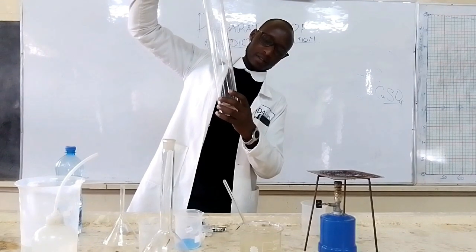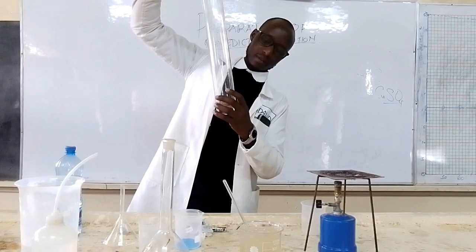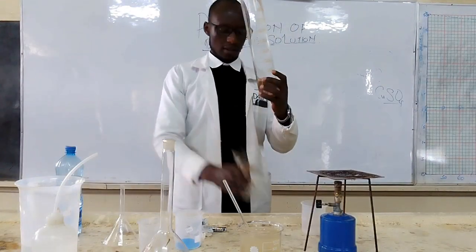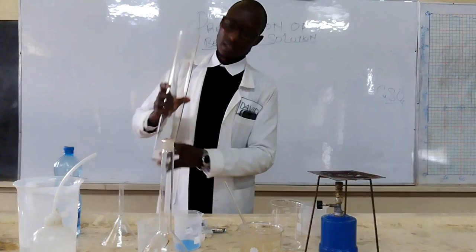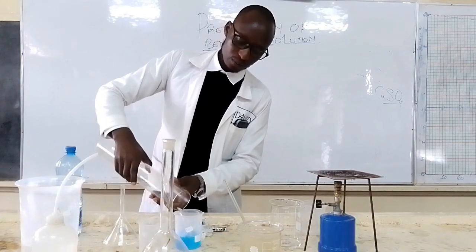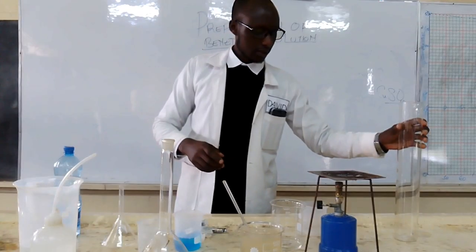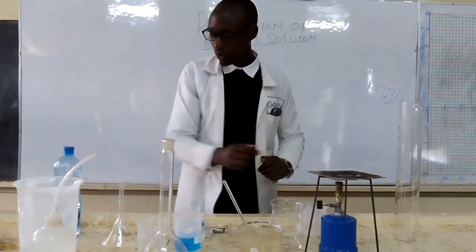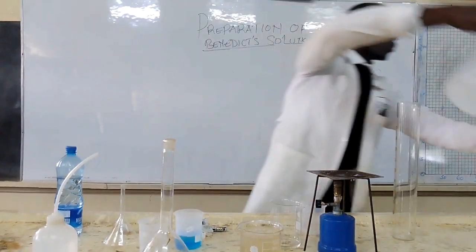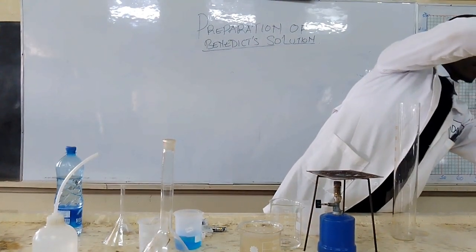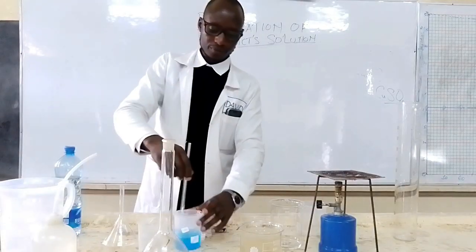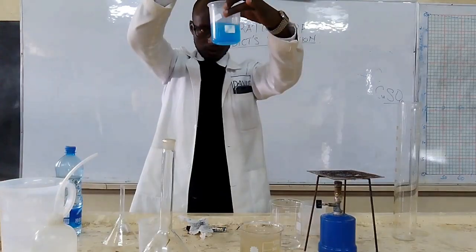It is a separate 100 ml. There we go. So this one is 100 ml of copper 2 sulfate. That's it. So I'm going to stir it. So maybe I'm going to rinse this one, then stir to ensure that it is actually dissolving.